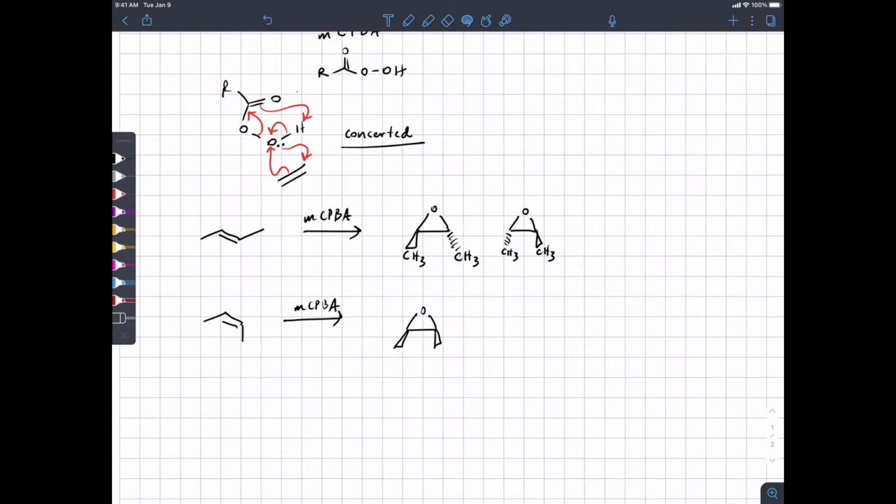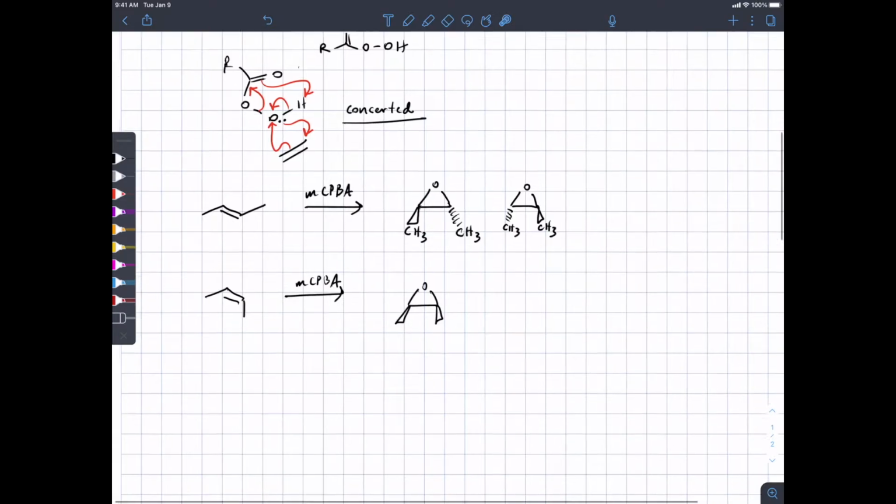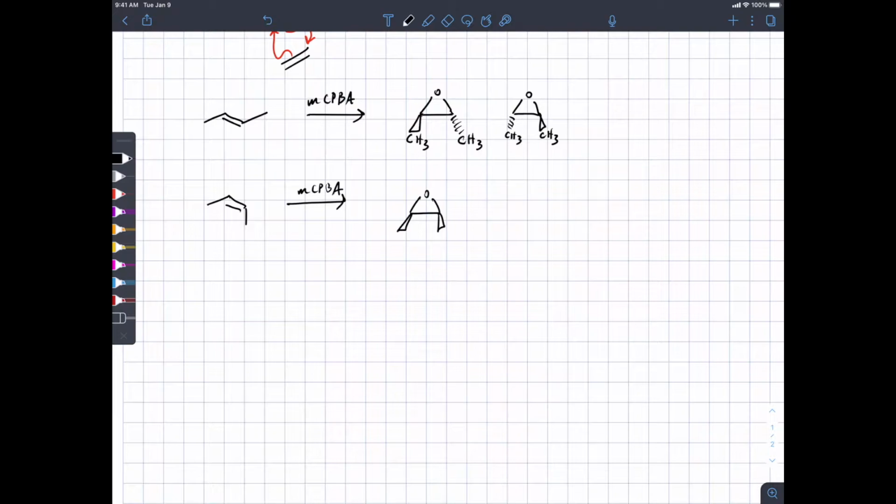I'll just refer you back to the previous lecture. We now know how to make trans versus cis alkenes using reduction reactions. So, a synthesis question on an exam might ask you to start with this alkyne, and end up with this epoxide, and you would have to know how.